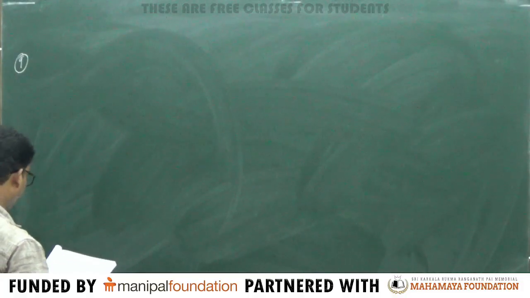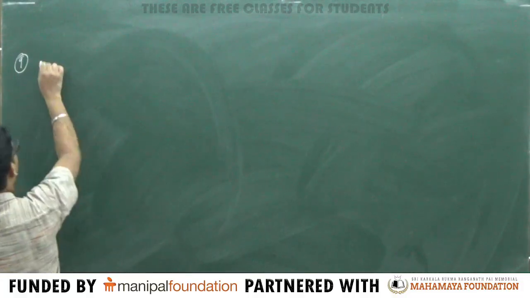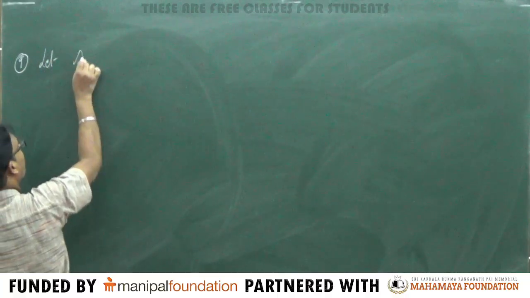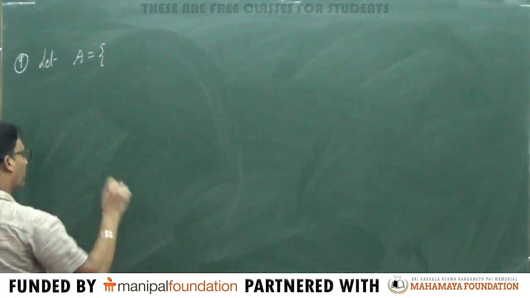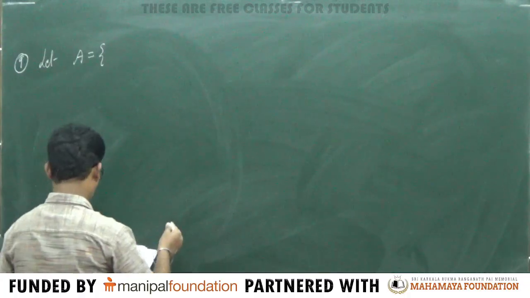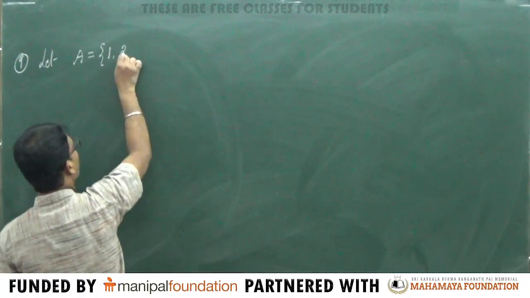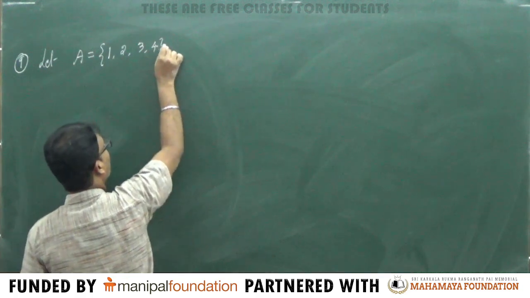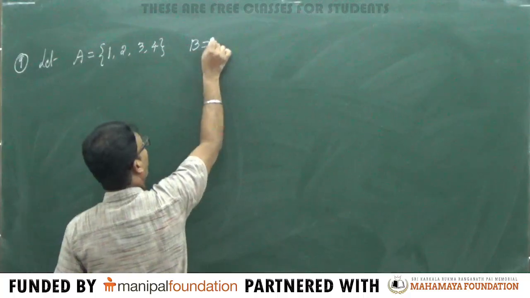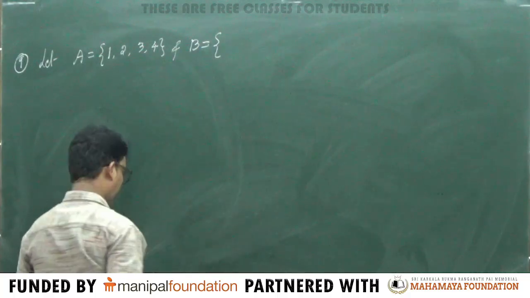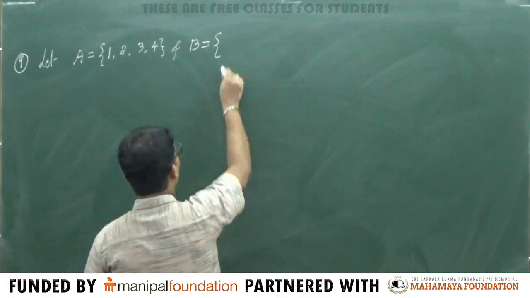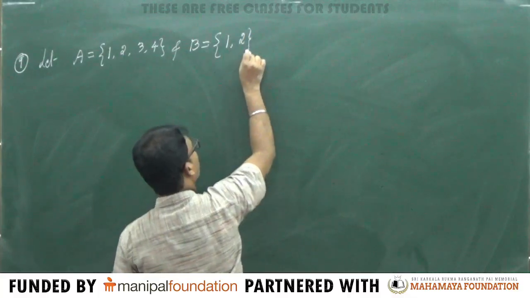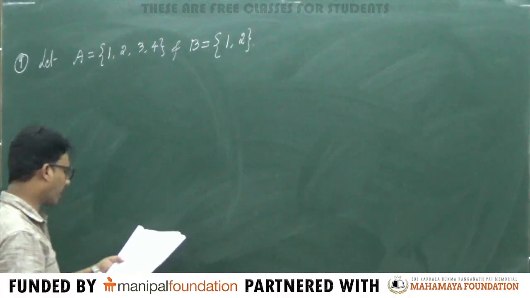Next problem. Let the set A equal 1, 2, 3, 4 and the set B equal 1 comma 2.